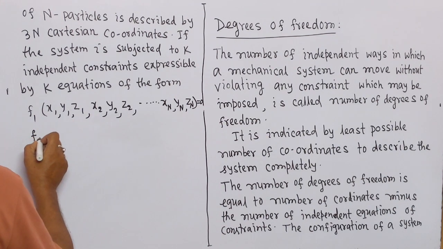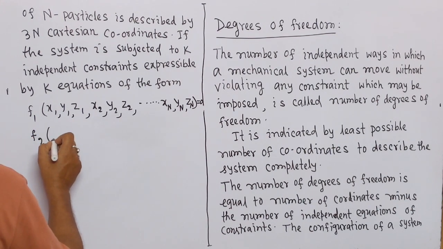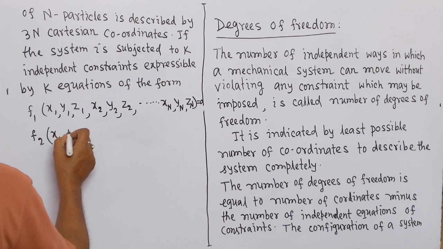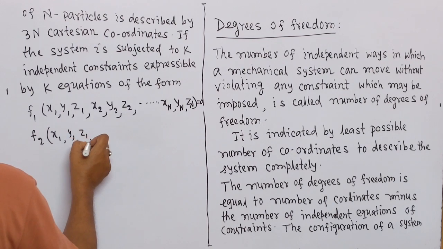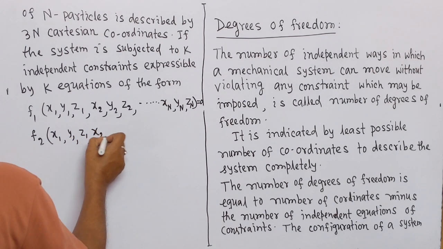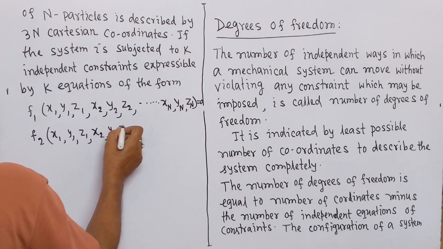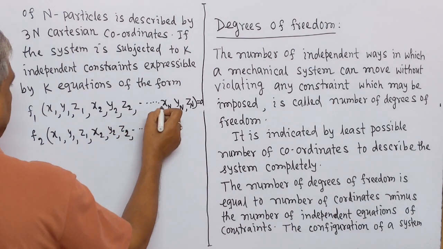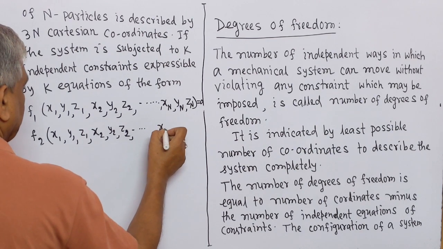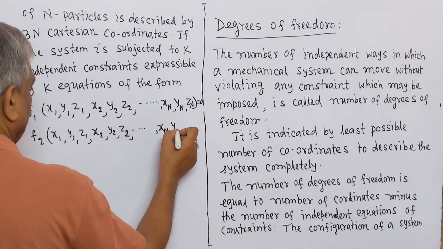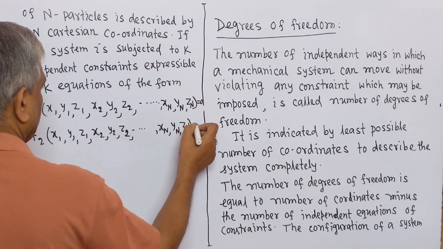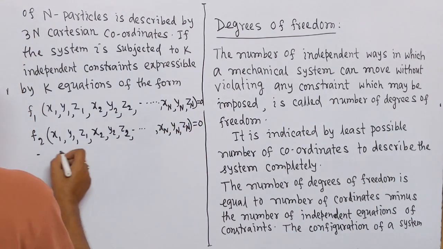Similarly, another constraint equation is f2(x1, y1, z1, x2, y2, z2, ..., xn, yn, zn) equal to 0.